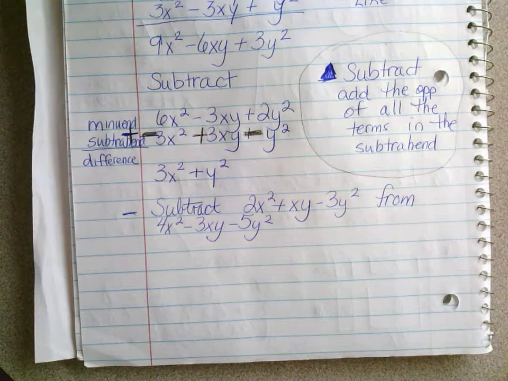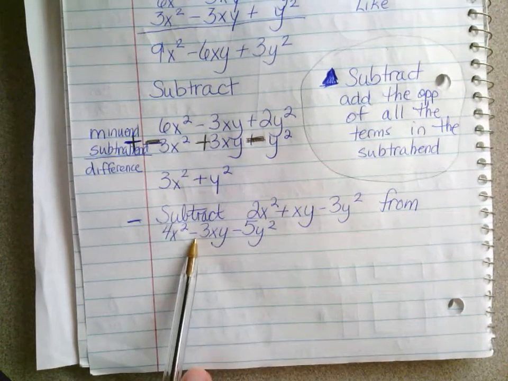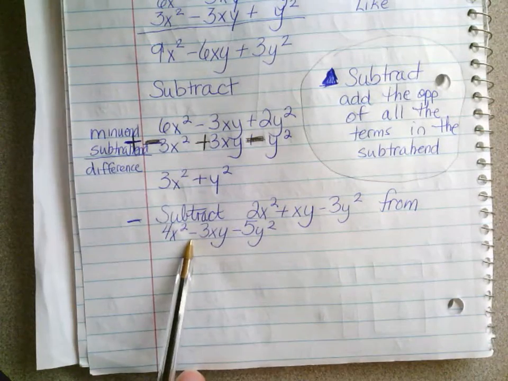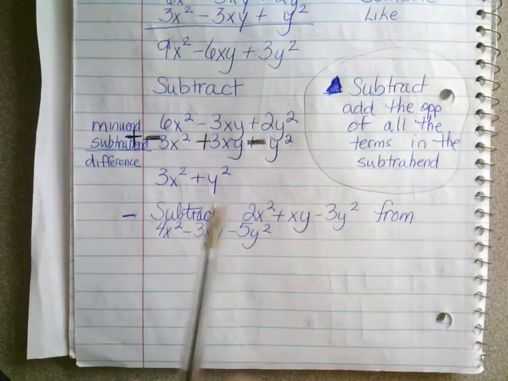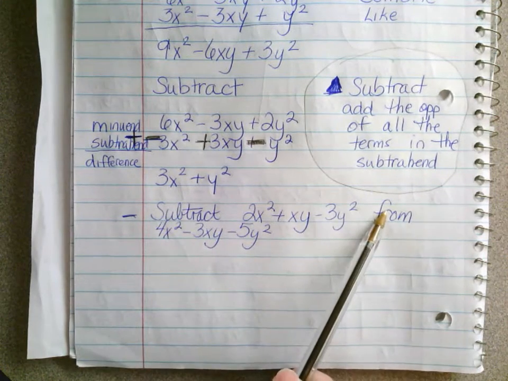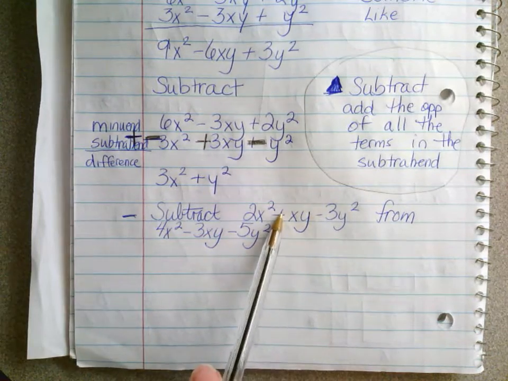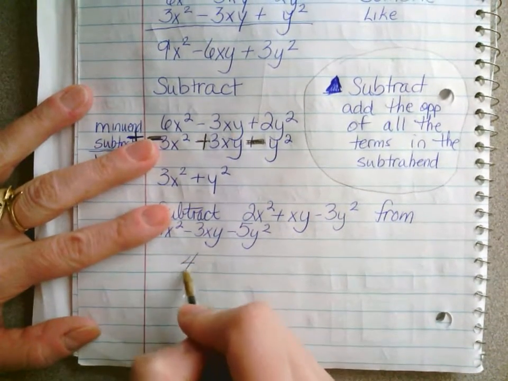So which polynomial is the minuend? Which polynomial goes on top? No, look at it again. We're removing this from that. Okay, be very, very careful as you read these. Don't assume that that's the order. Read the words, because you will have some like this. So that means I'm going to write it like this.